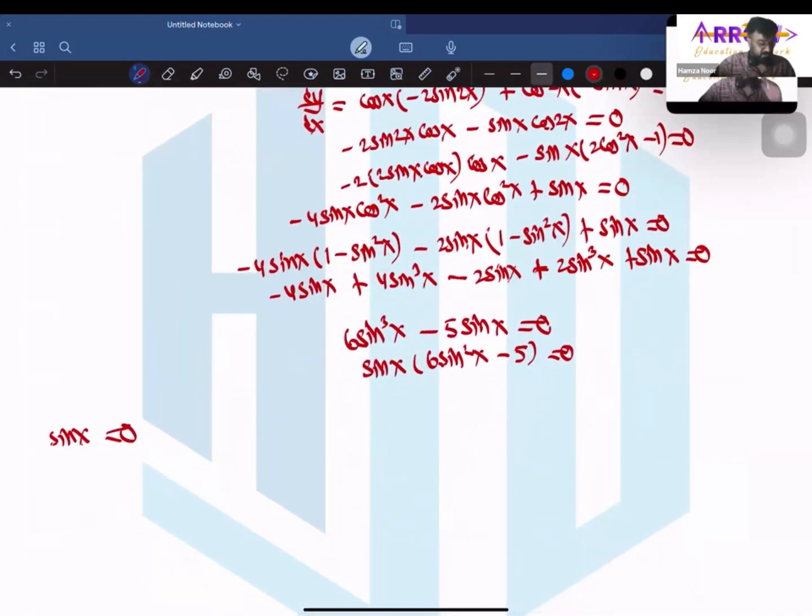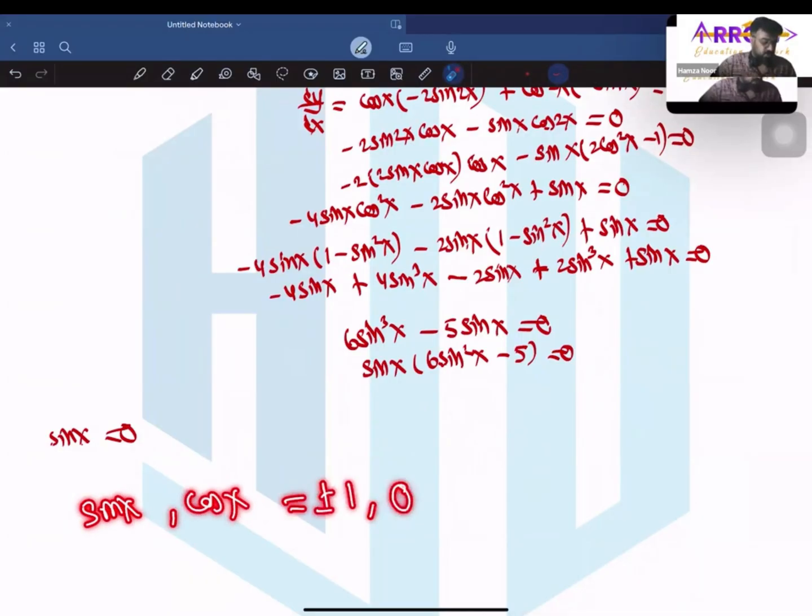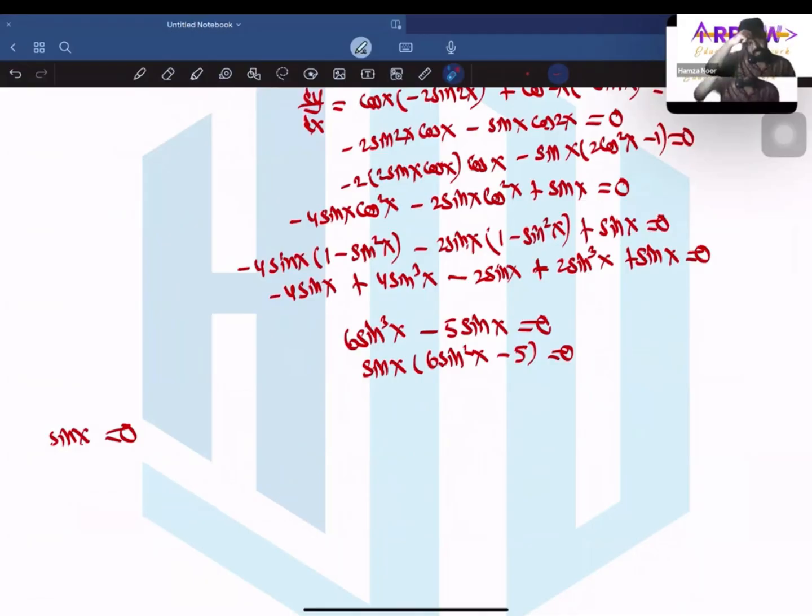As you know, when sine x and cos x are equal to plus 1, minus 1, or 0, they make those angles which are either on the horizontal axis or the vertical axis of the unit circle, where every coordinate on the circumference of the unit circle is in the form of cos comma sine.